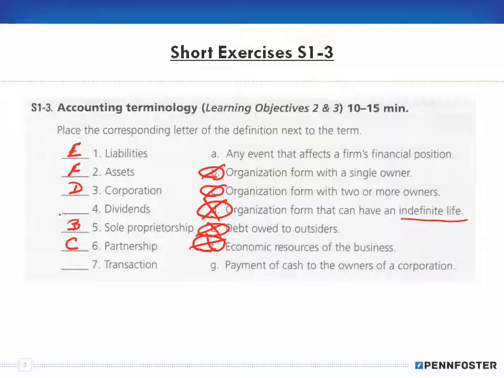If I have a partnership, the partnership ceases to exist whenever there's a change in partnership. So for example, let's say you have a law firm where you have partners. Or even, let's just say a doctor's office where you start out as a doctor and you might be a sole proprietorship.